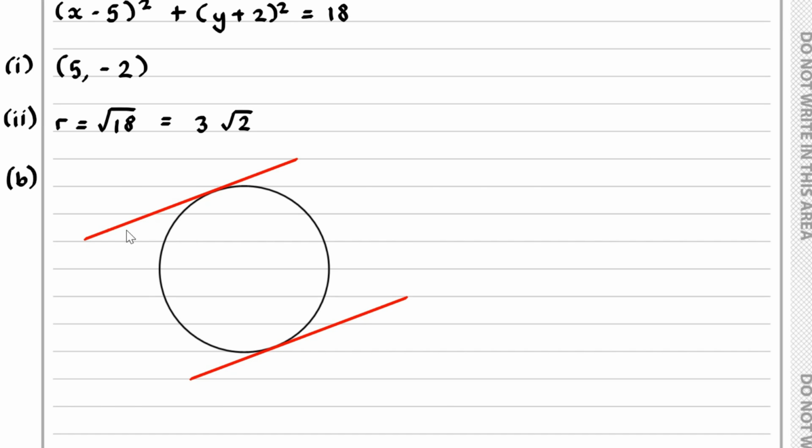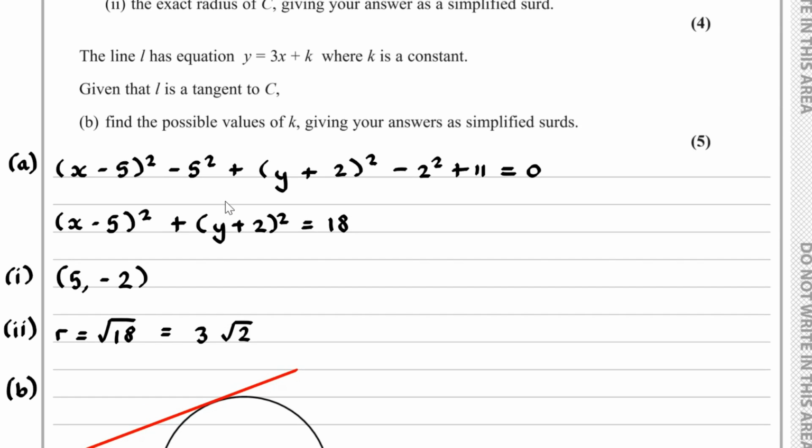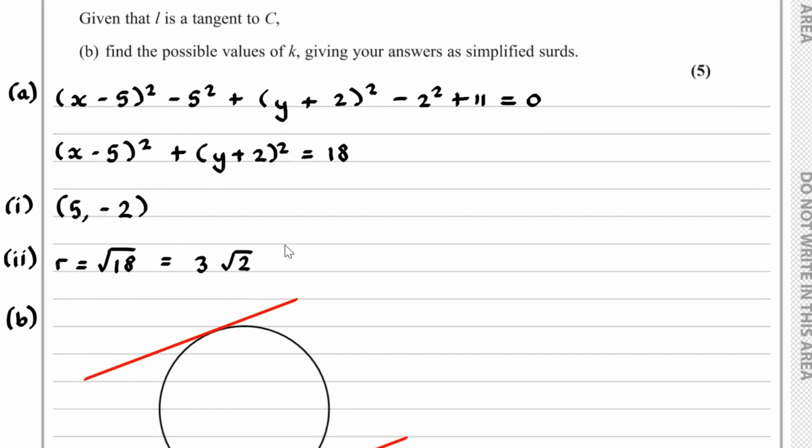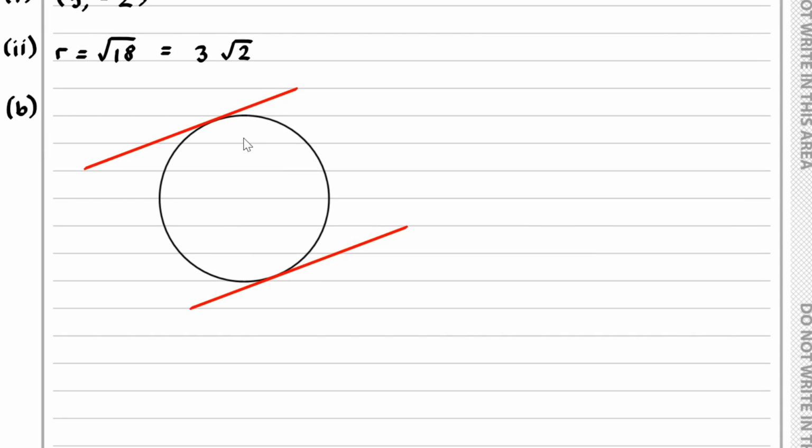You can see here we've got two possible scenarios. We've got our straight line y equals 3x plus k touching the circumference once, and the two possibilities would have different values of k, and that's all relating to the y-intercept.